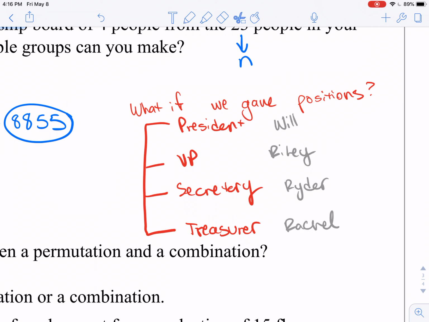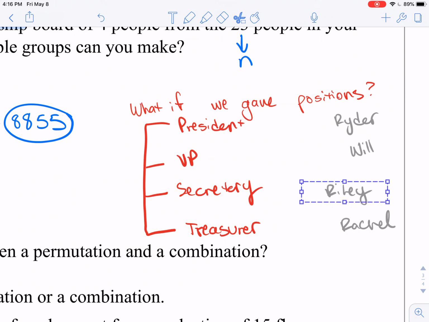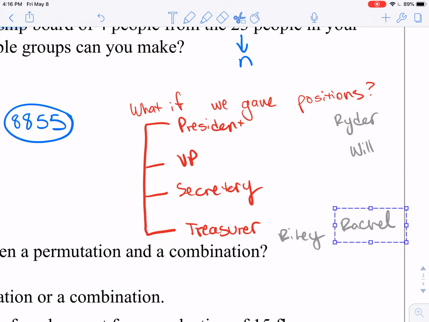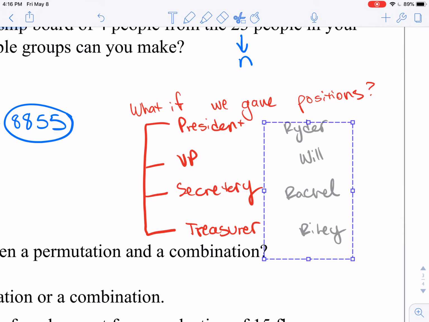That would be different than if Ryder were our president, Will were the vice president, Riley were the secretary, and Rachel the treasurer. That's a different option. Or even if we just switch them around and make Riley the treasurer and Rachel the secretary, that's yet another different option.